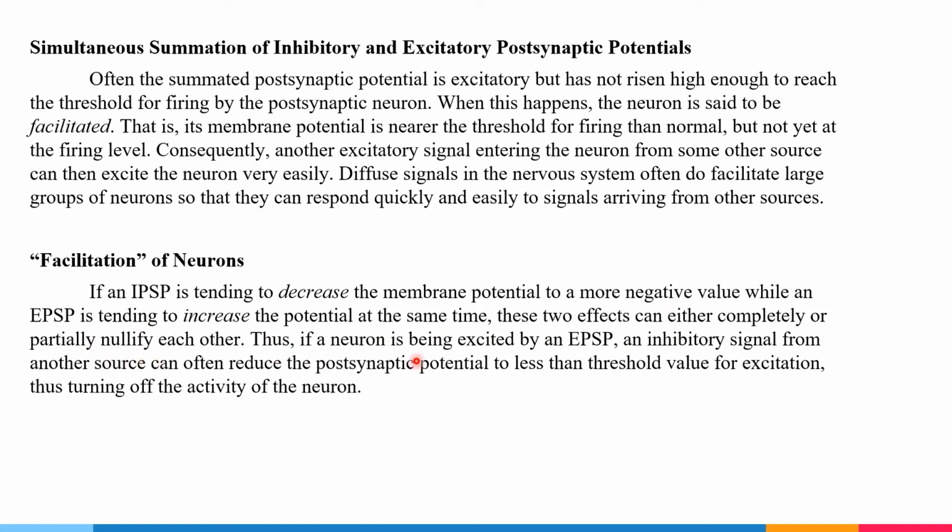Thus, if a neuron is being excited by an EPSP, an inhibitory signal from another source can often reduce the postsynaptic potential to less than the threshold value for excitation, thus turning off the activity of the neuron.